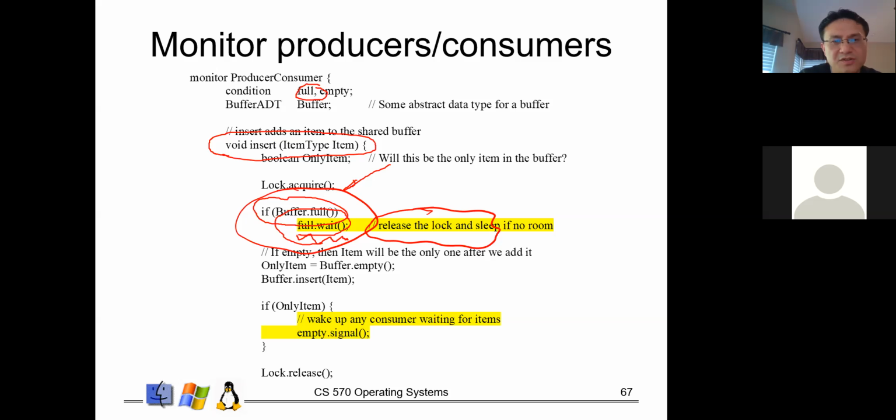That means you just added one item to the buffer. Then you want to call a signal. This empty is another condition variable. You want to call the signal on that condition variable so that a consumer waiting to consume something from the buffer can be notified.